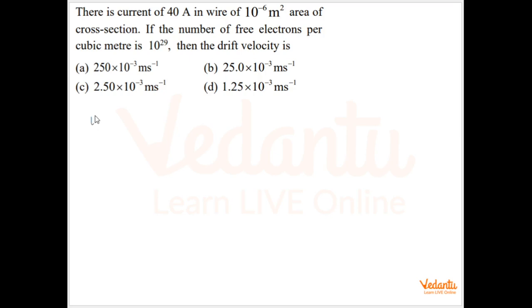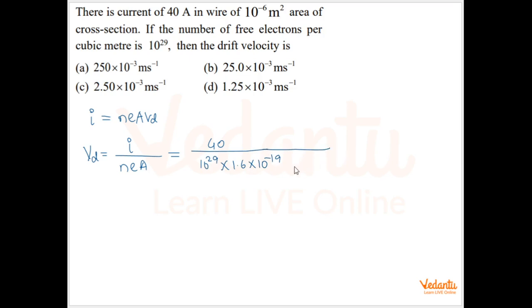Beta, once again I will use the formula I is equal to NEA Vd, which gives me beta Vd is equal to I divided by NEA. Substituting the values, beta, I will get 40 divided by 10 raised to the power 29 into 1.6 into 10 power minus 19 into area, which is 10 power minus 6.